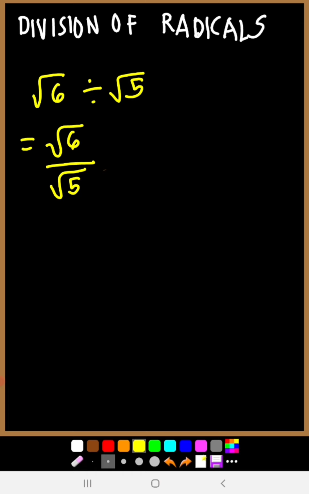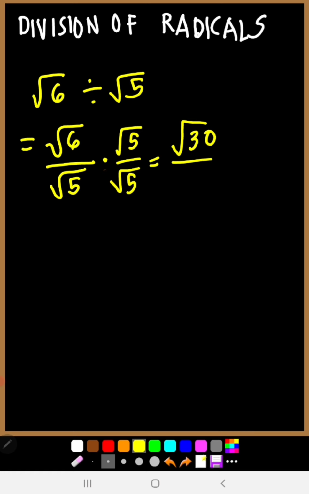So, i-remove natin yung radical form by rationalizing the denominator. So, we multiply square root of 5 over square root of 5. Okay, so square root of 6 times square root of 5, that is square root of 30. And this becomes square root of 5 times square root of 5 is square root of 25 or simply 5. Now, yung square root of 30, wala naman siyang factor na may perfect square. So, this will be your final answer.